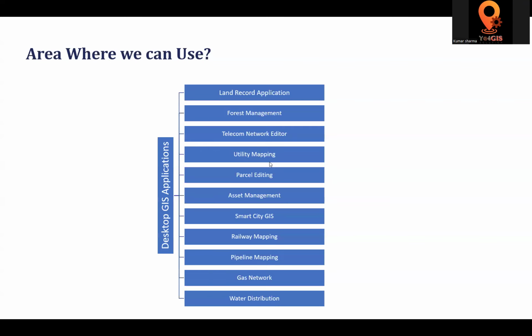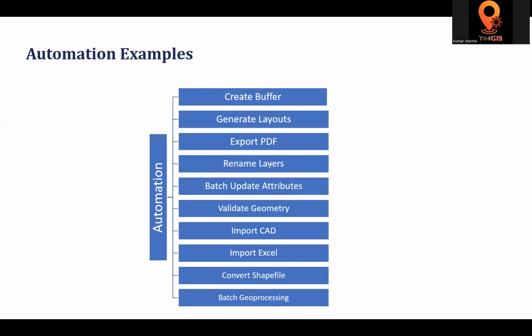We can use customization in land record applications, forest management, telecom, utility mapping, parcel editing, asset management, smart city, railway mapping, pipeline mapping, gas network, and water distribution. No matter which domain you are coming from or working in, in any domain there is a place where we can do customization and speed up our work.